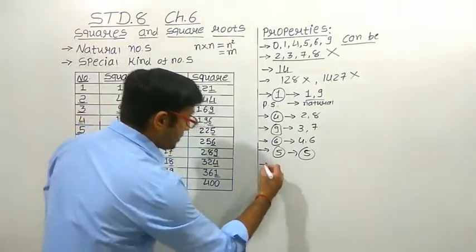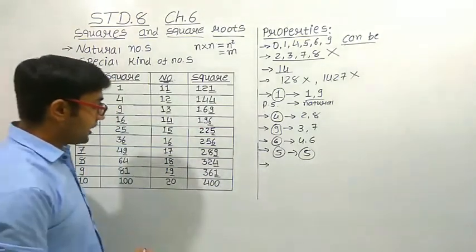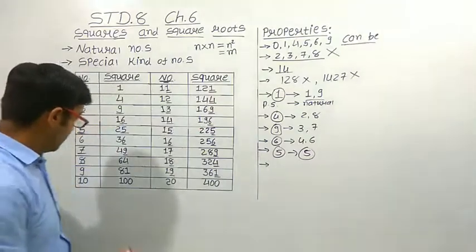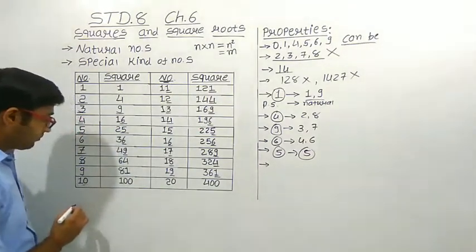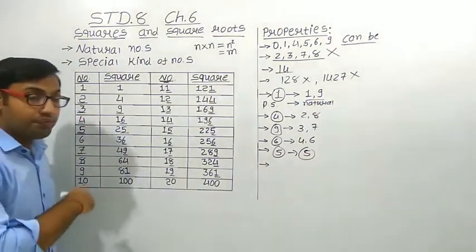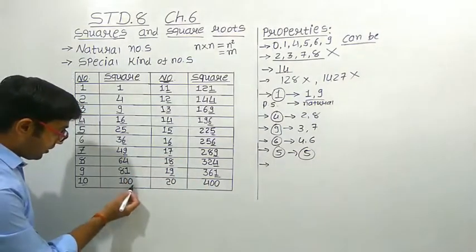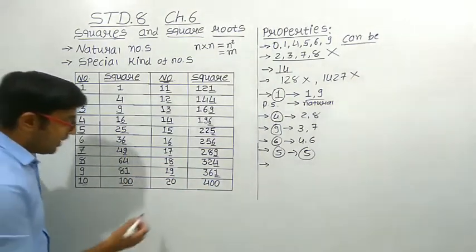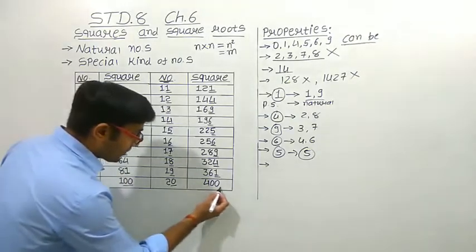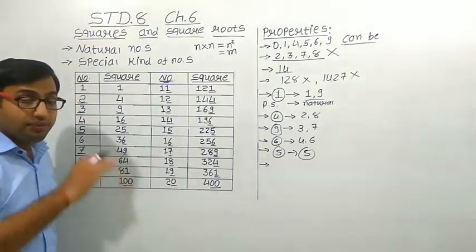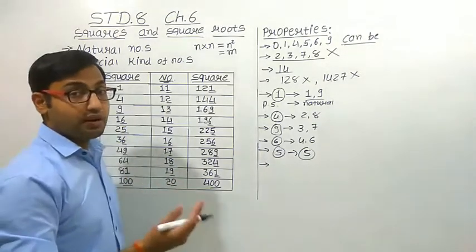Now, the last property: what will happen if there is a 0? See, there is a 0 in the 10. When we find its perfect square, we get two zeros. When we have 10, the perfect square number has 2 zeros. That means the number of zeros will be doubled in the perfect square number.